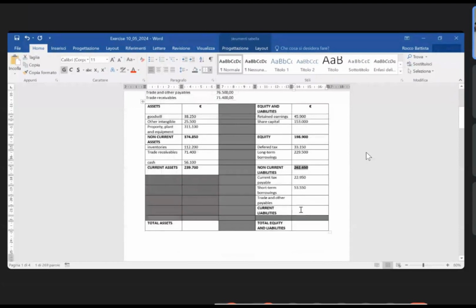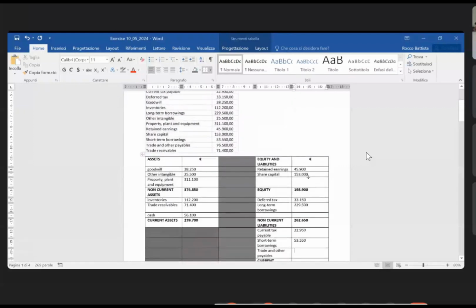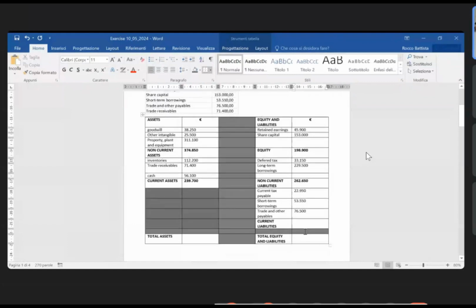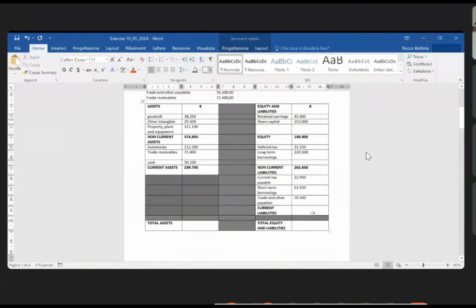Current liabilities. 76,500. Sorry, but here I missed the amount of trade and other payables. Okay, the sum is 76,500 plus 76,500, that is 153,000. Yeah.